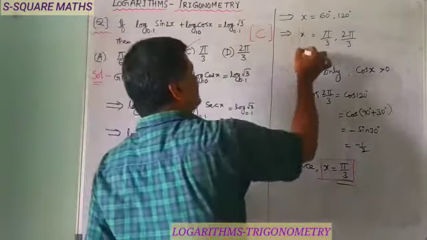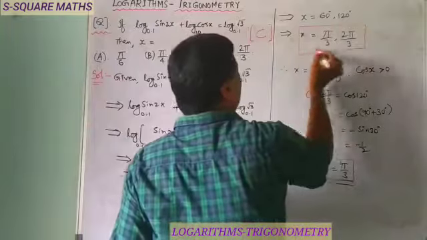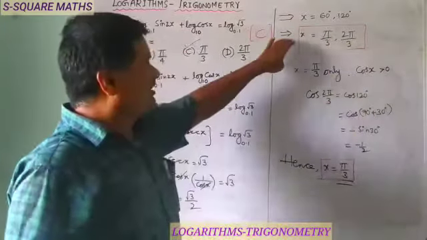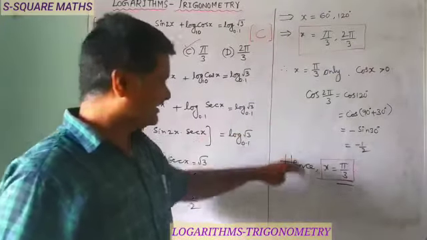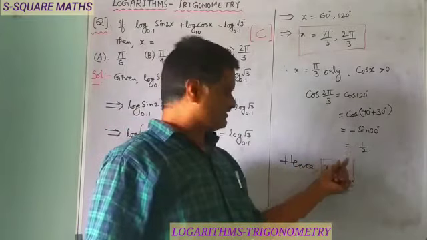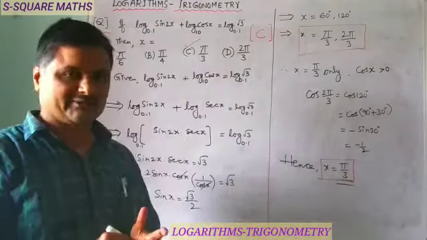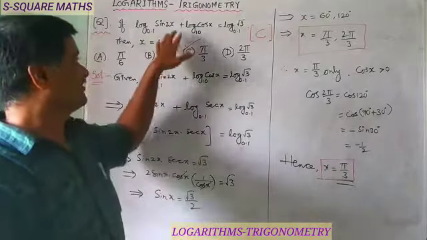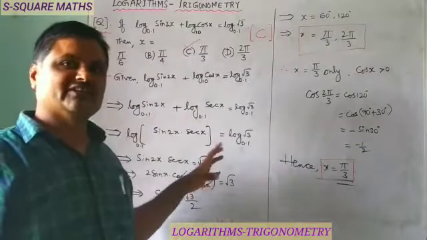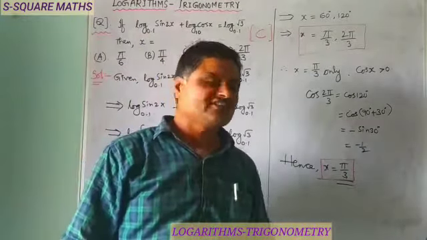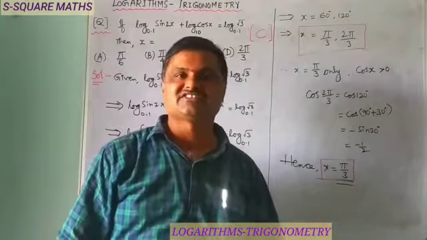Here again we got x is equal to pi by 3 comma 2 pi by 3. After doing this, please check it. Here we will get a contradiction. Hence x is equal to pi by 3 is the only solution for the given problem. So in this way we can overcome our confusion by going through the conditions.